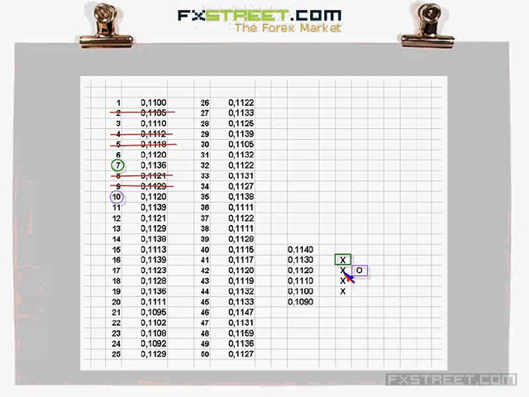Although we have an increment of 16 pips, we cannot record more than one box, because we would need an increment to 1140 or above in order to occupy the box corresponding to 1140.